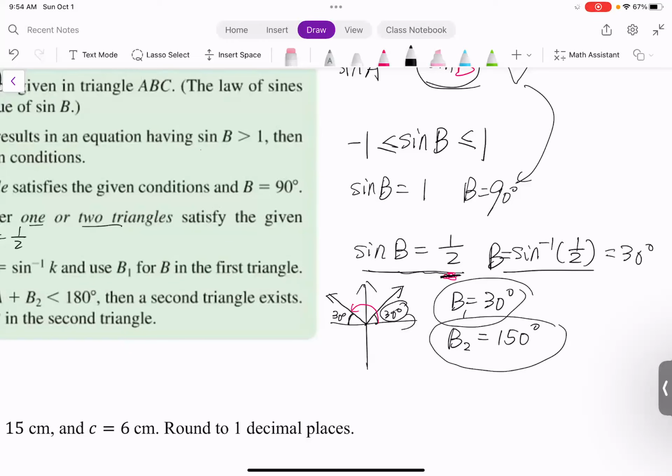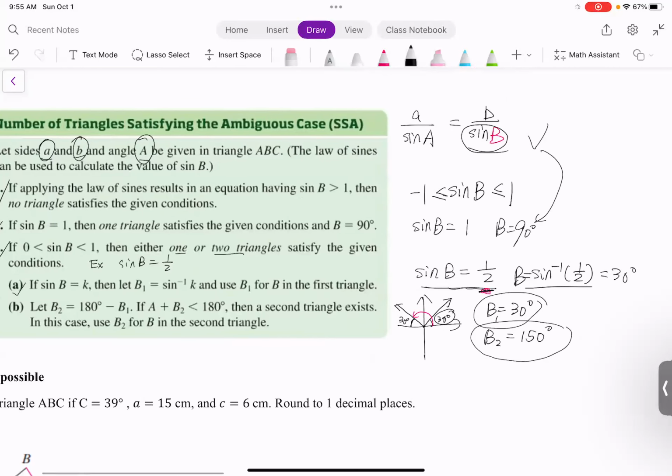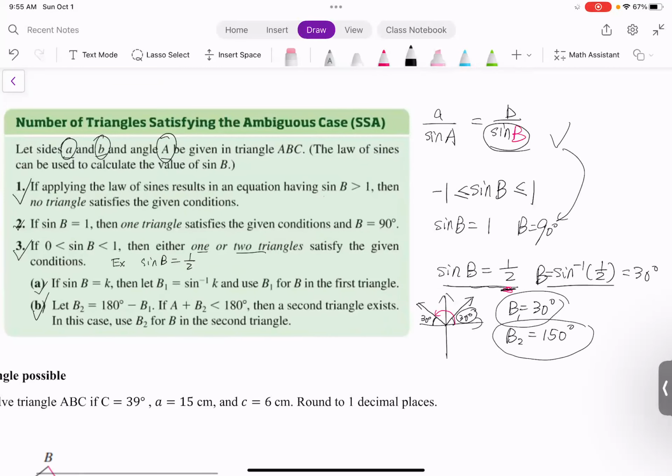Can I choose B to have two solutions? It depends. Use the second solution I have found. That second solution must be an obtuse angle because it's in the second quadrant. So for angle B, I use 180 minus angle 1.